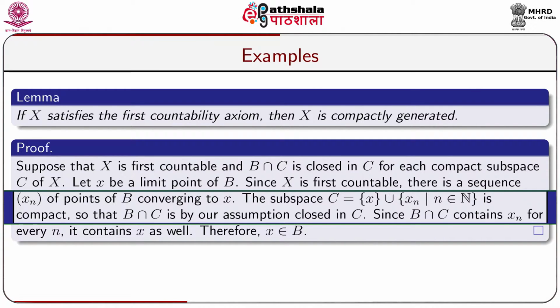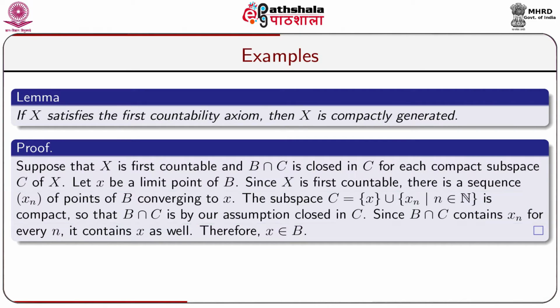Then we can consider the subspace C defined by the singleton set {x} union the range set of the sequence, that is {x_n : n belongs to N}.